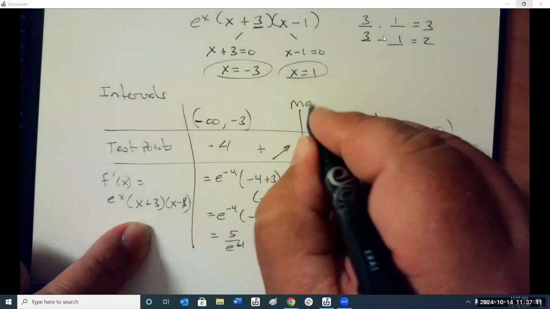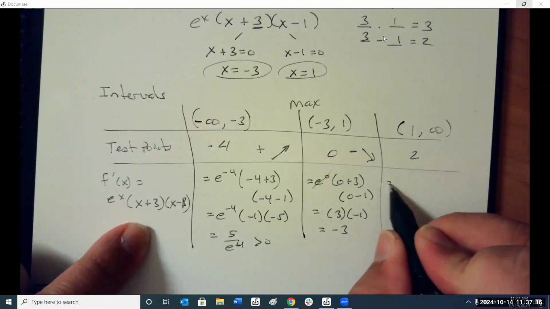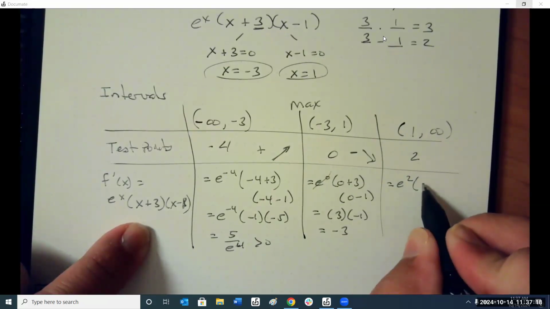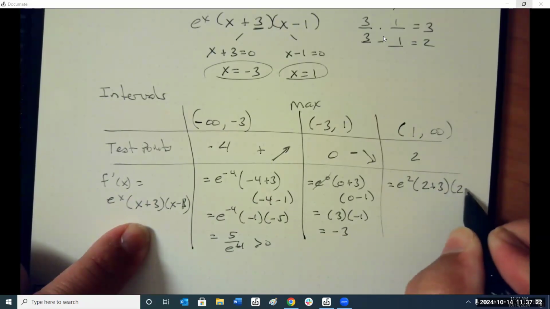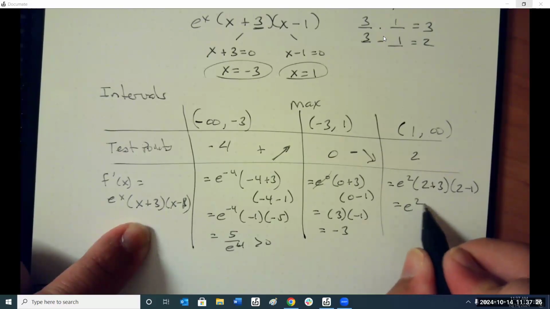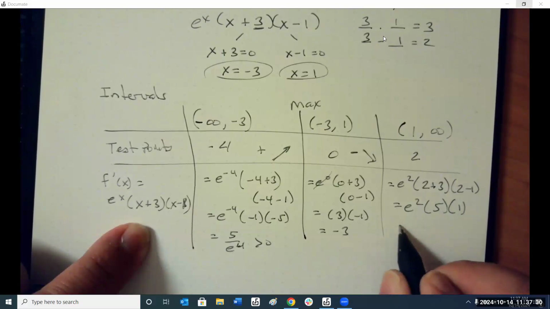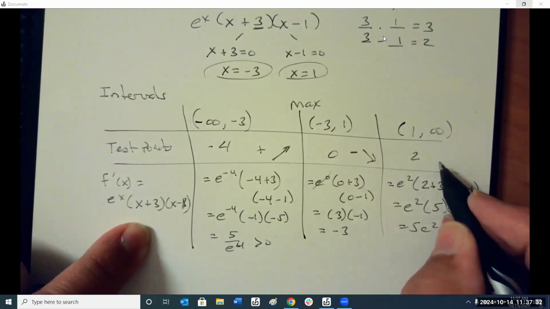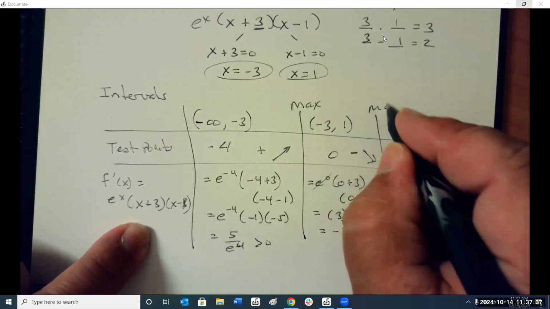So here we have a max. And at 2, you have e squared times (2 plus 3) times (2 minus 1). 2 plus 3 is 5, 2 minus 1 is 1, so it's 5e squared. It's positive, so it's increasing. So here we have a min.